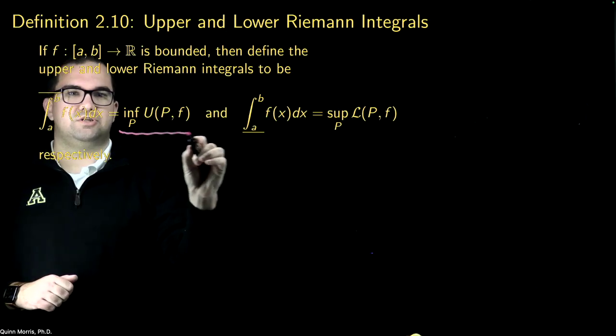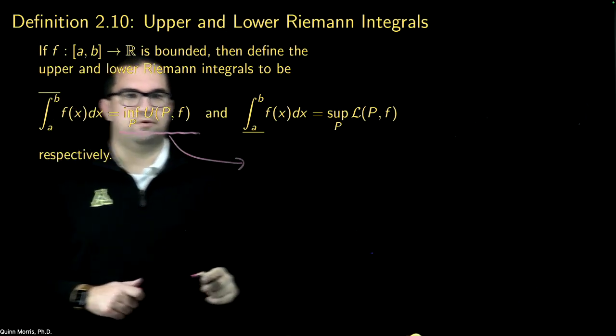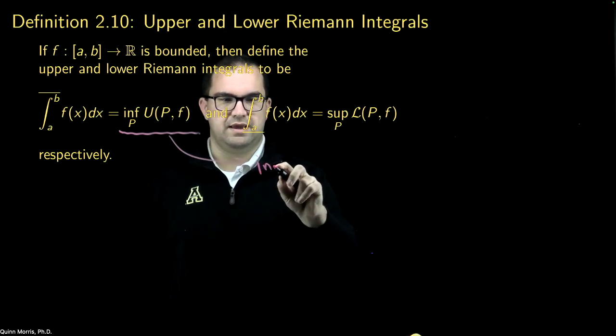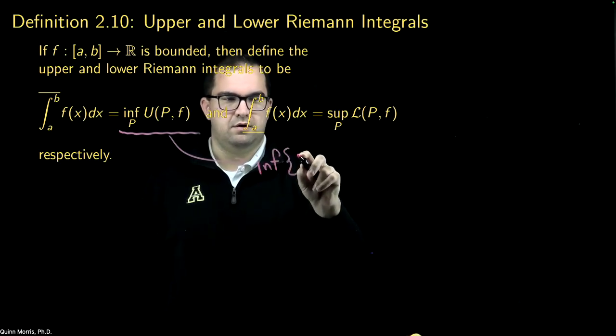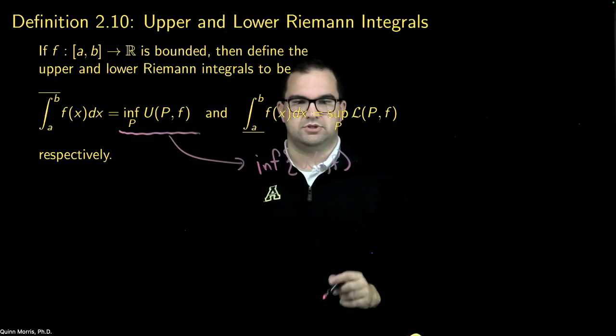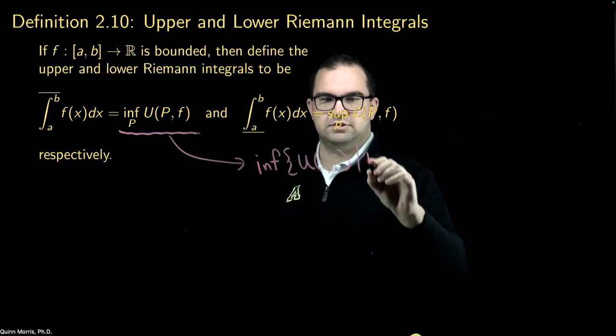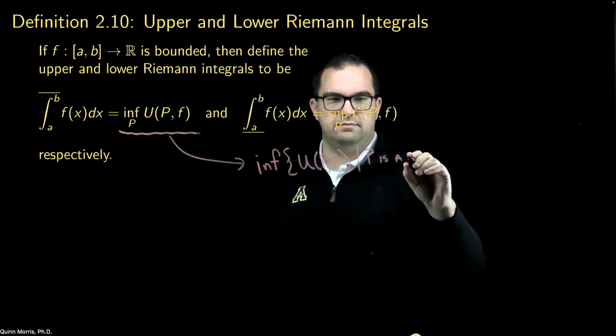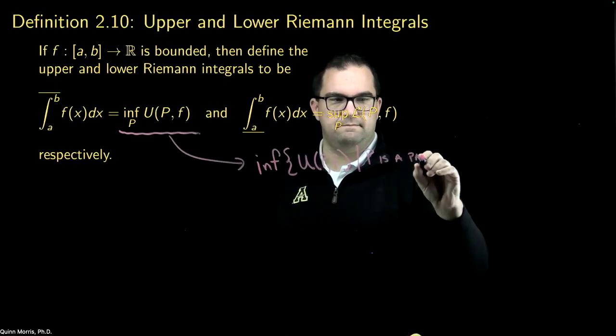So you can imagine here, if I were to break this out a bit, one way to think about this is I'm taking the infimum of the set of all upper sums of f such that P is a partition of [a, b].